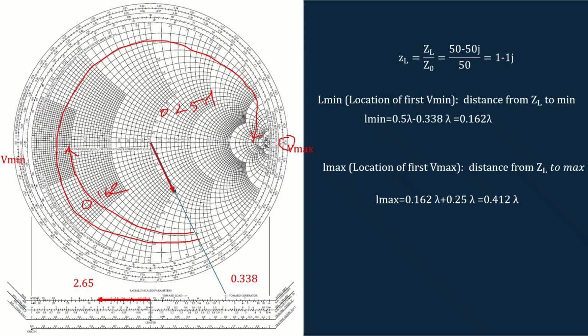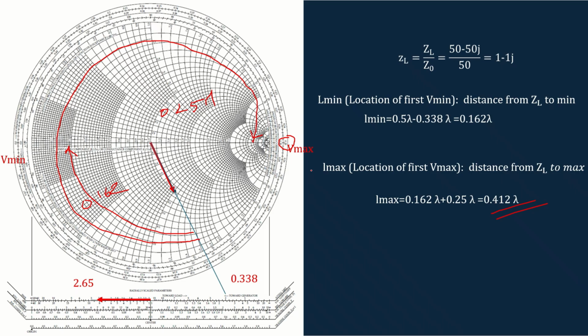So to calculate the overall distance, you can add 0.162 plus 0.25 lambda. That will give you the position of the Vmax on the transmission line. So this is how we are calculating VSWR and the position of the Vmin and Vmaximum.